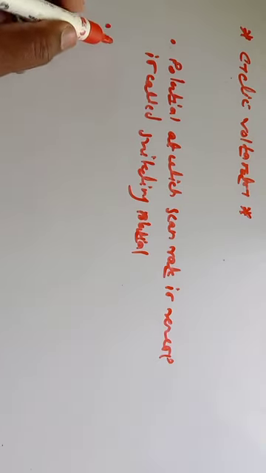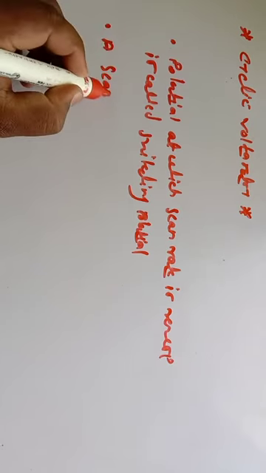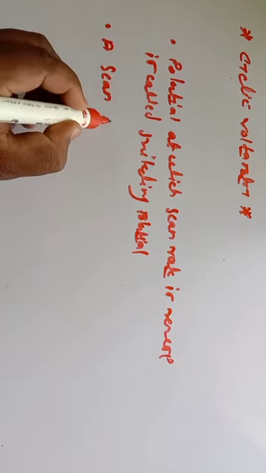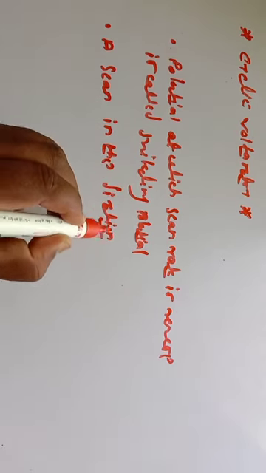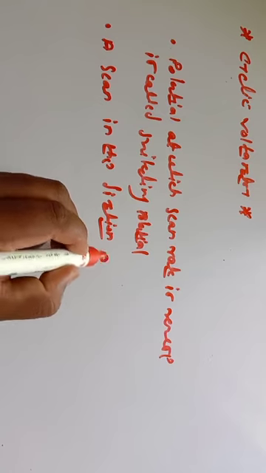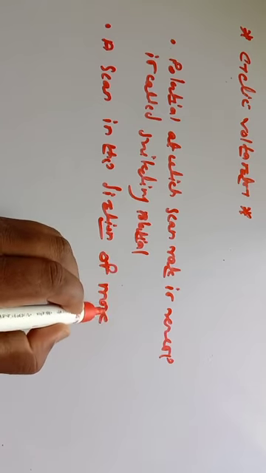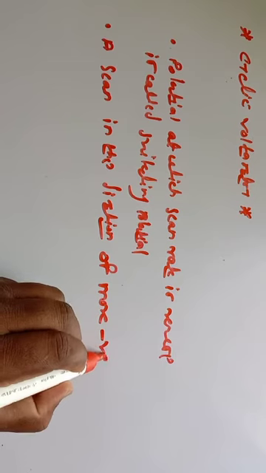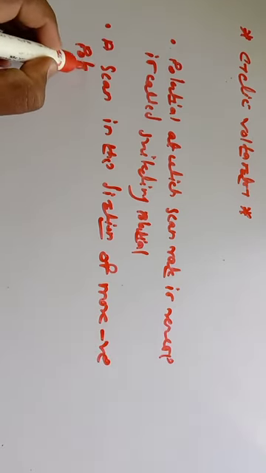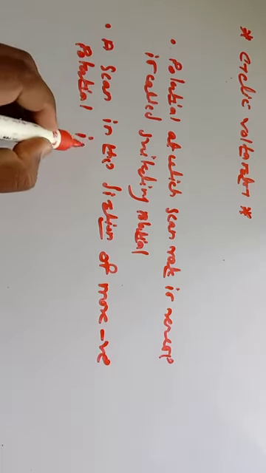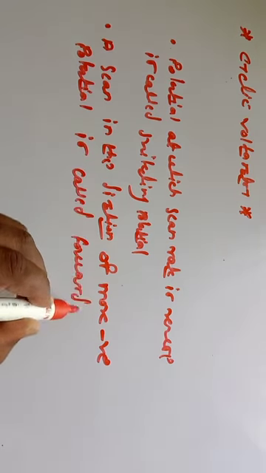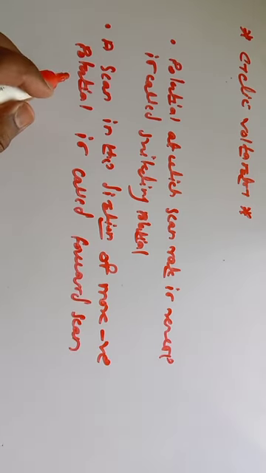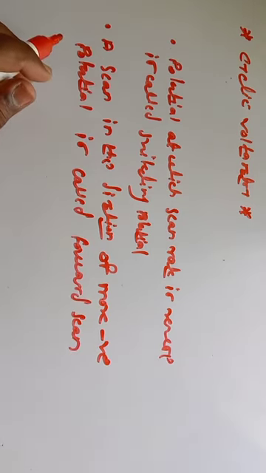Again, the potential can be changed. A scan in the direction of more negative potential is called forward scan, while the scan in the opposite direction is called reverse scan.